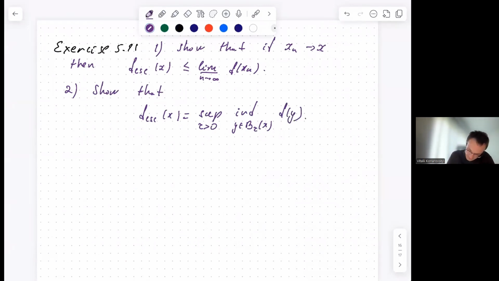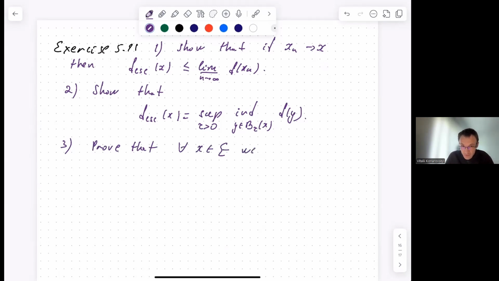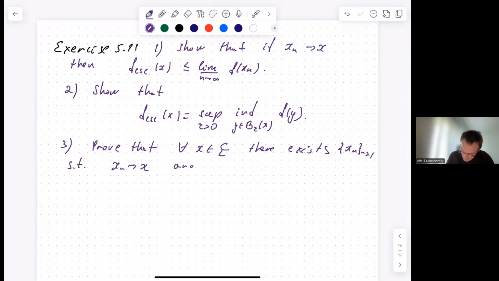And the third part is to prove that for every x from E there exists a sequence xn such that xn converges to x and f of xn converges to f lower semi-continuous regularization of x.